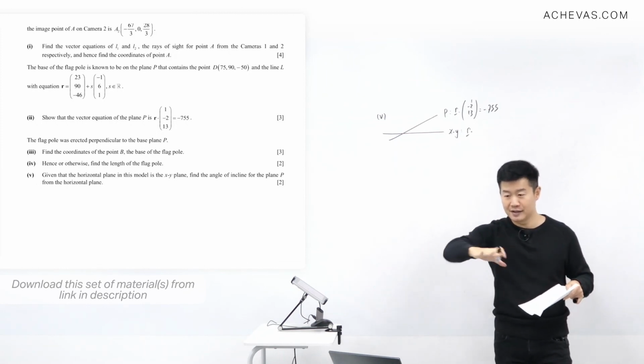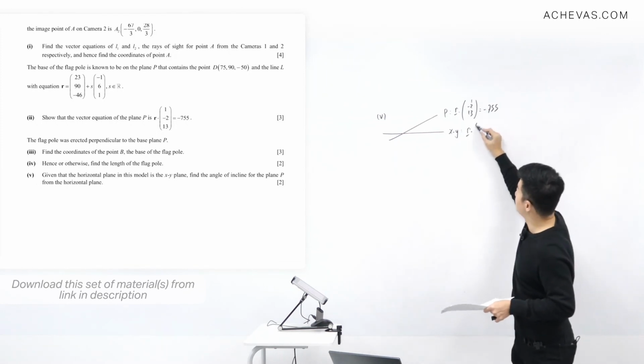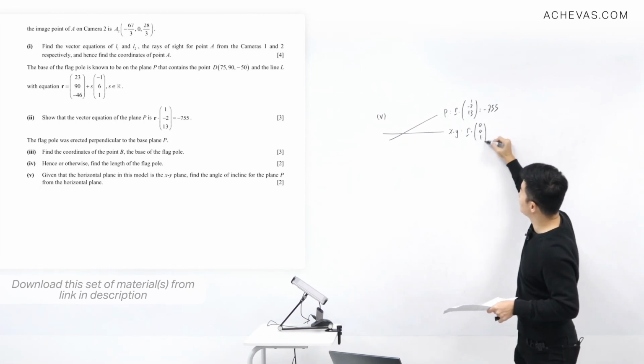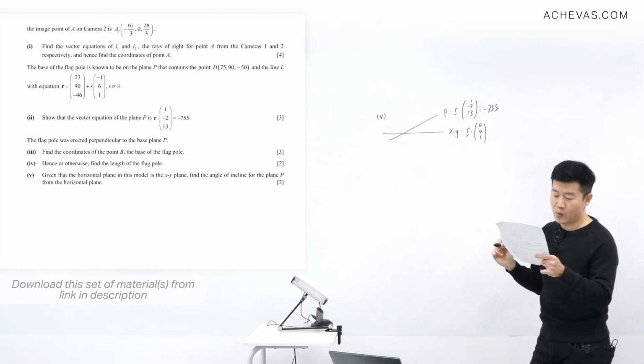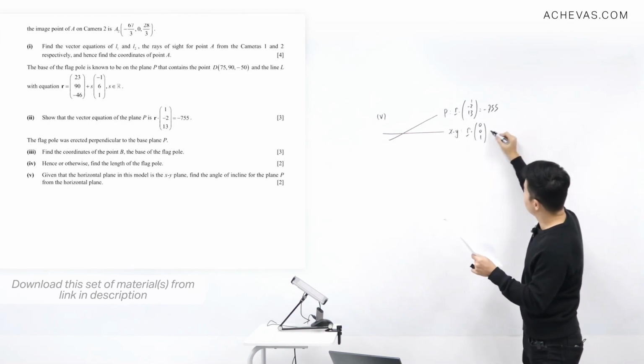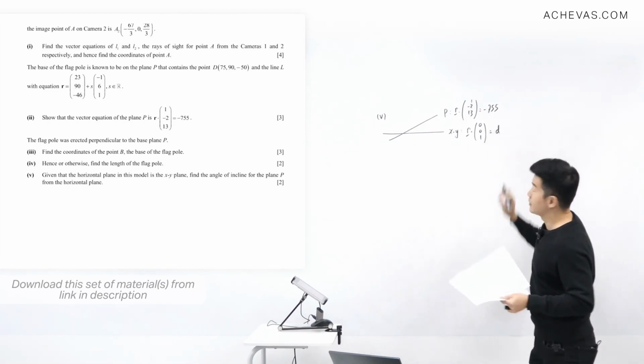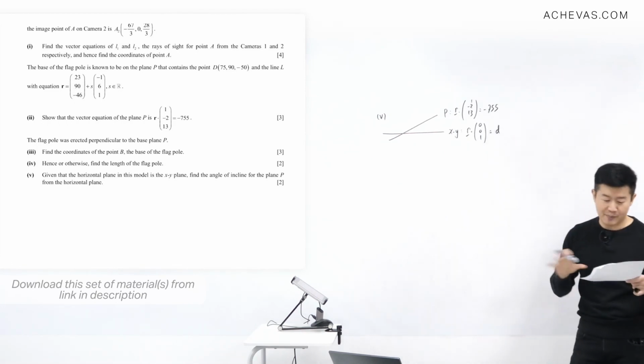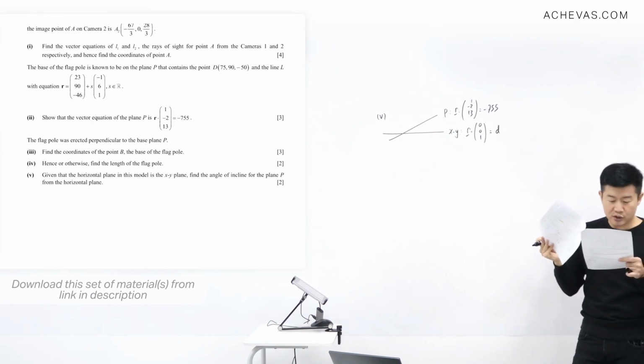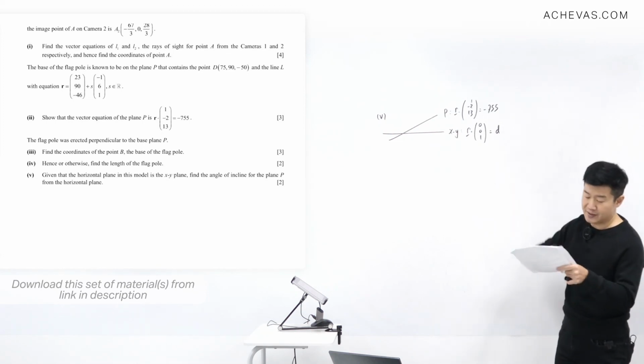XY plane, let's say it is here. So the normal is going to be parallel to the Z axis. So we do know that it is going to be (0, 0, 1). So this is equal to some number on the right hand side. I'm going to skip it for now because we do not actually know whether it is passing through the origin, because if it is passing through the origin, this will just be 0.